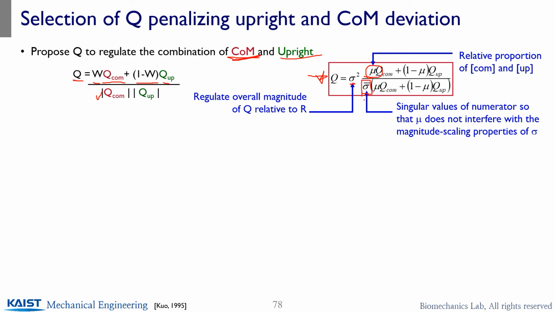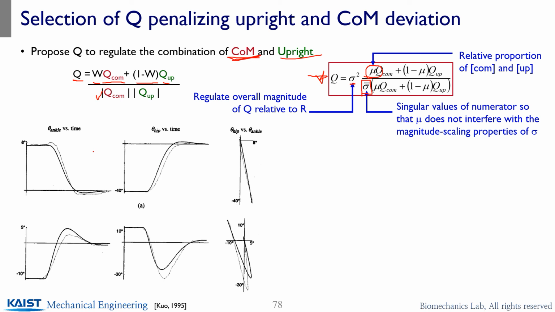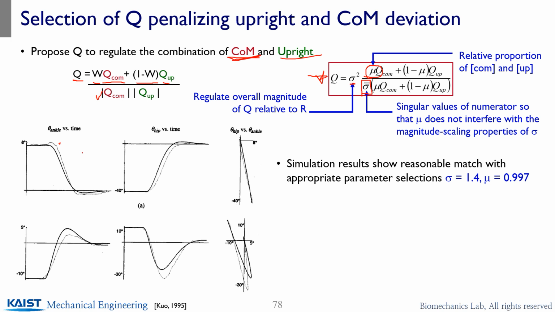Okay. So what it looked like is here: the solid line is the simulation and the dashed, dotted lines are data. The simulation by optimal control represents the data pretty well. Those results were obtained by optimizing the control parameter as mu equals 0.997, which means mostly the center of mass deviation matters, you want to minimize the center of mass deviation, and sigma 1.4.